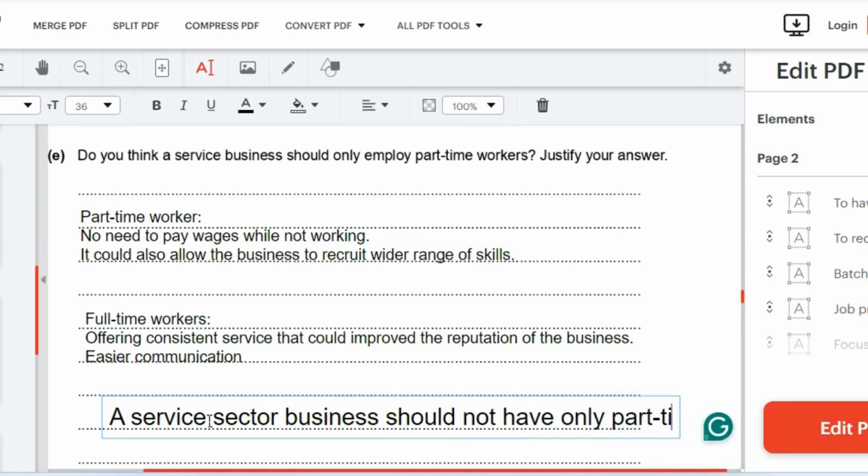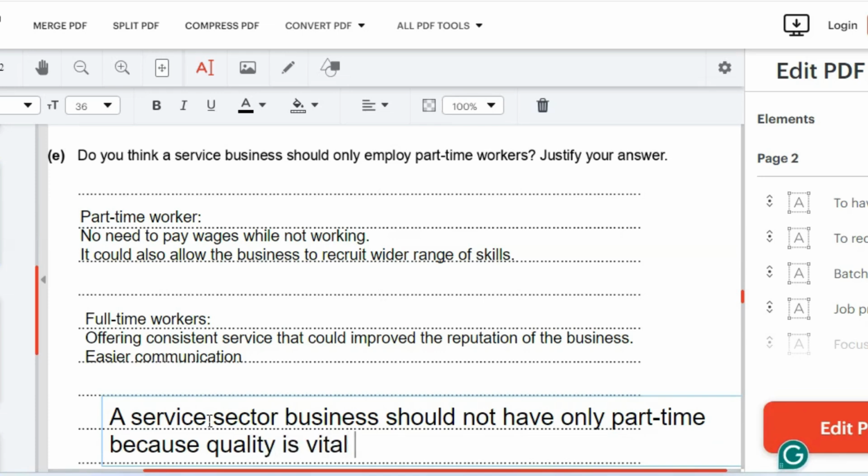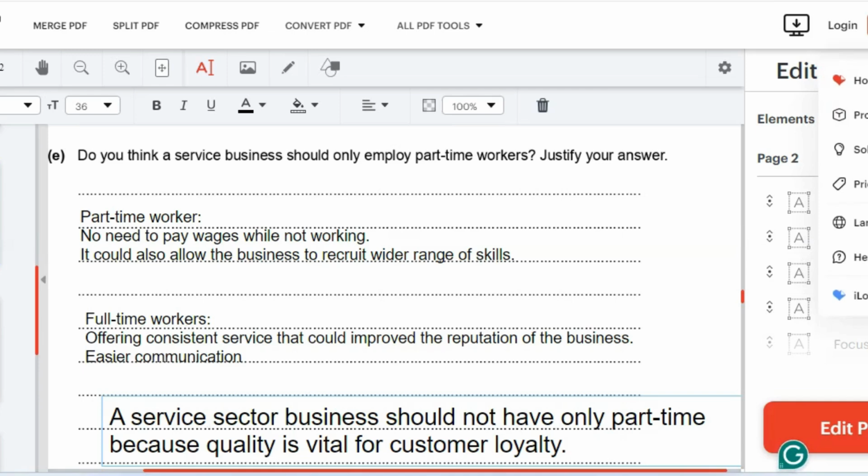Why do you think so? Because quality is vital for customers' loyalty, which can also affect the sales.